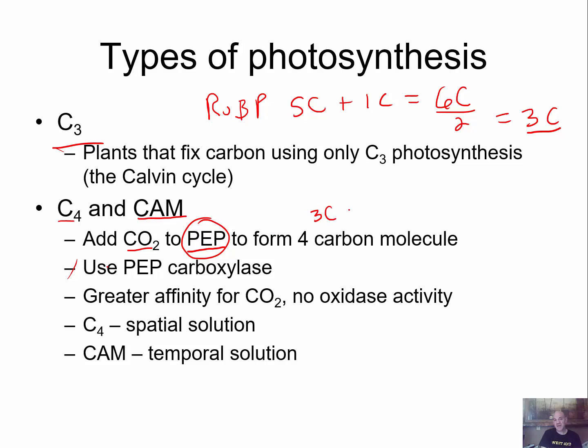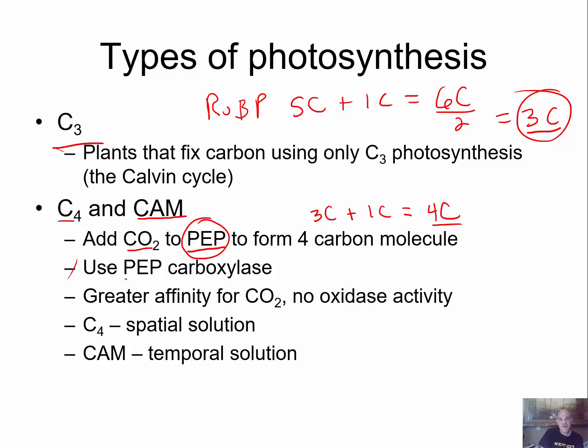And if we add a carbon dioxide on there, 1 carbon, that's going to give us a starting compound right after fixing the carbon. We're going to get a 4-carbon compound, and it's not going to be split in 2. So right after we fix the carbon, we get a 4-carbon compound instead of a 3, as in the Calvin cycle.